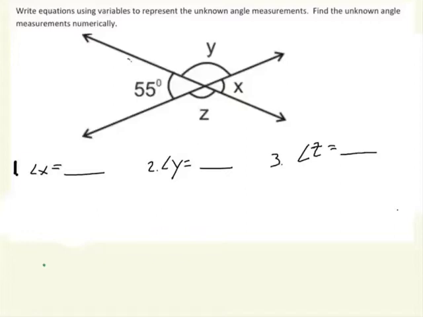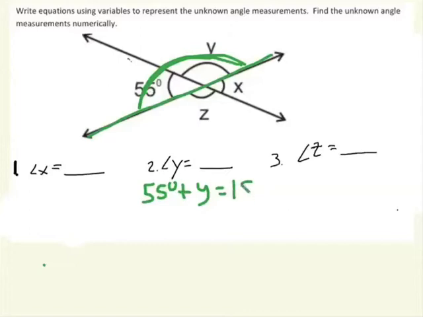Well, it says we have to go in order. If you take a look at this line, this angle that is formed here looks like a straight line. So that means that 55 degrees plus y is going to equal a straight line angle, or 180 degrees.